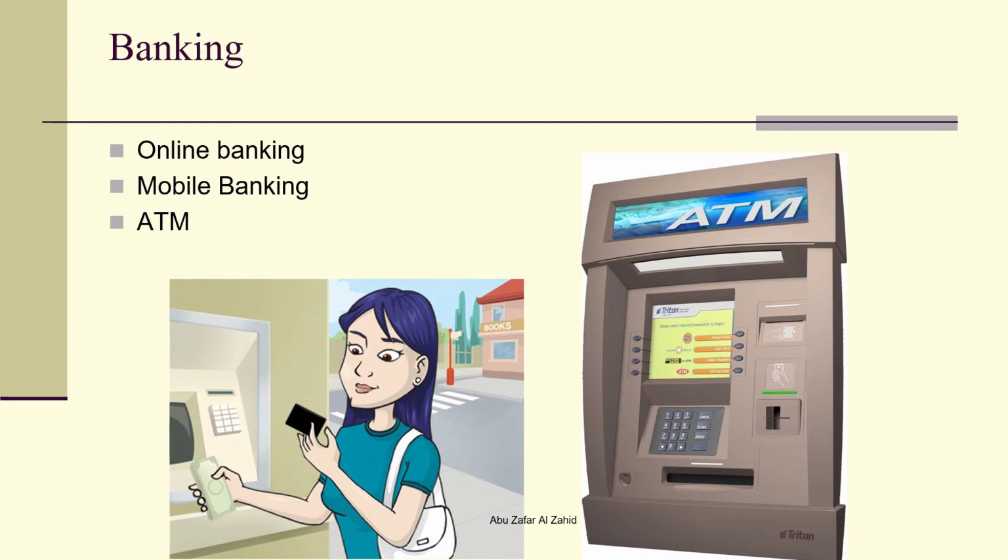Mobile banking is also popular in Bangladesh. Nowadays, many people use mobile banking system which totally depends on ICT. bKash, Nagad, Rocket, these are the popular mobile banking service provider in Bangladesh. They use vastly the ICT devices to provide mobile banking service to their clients.